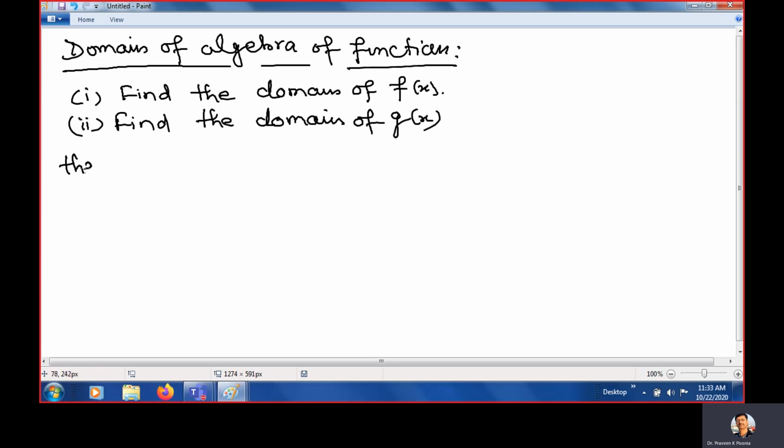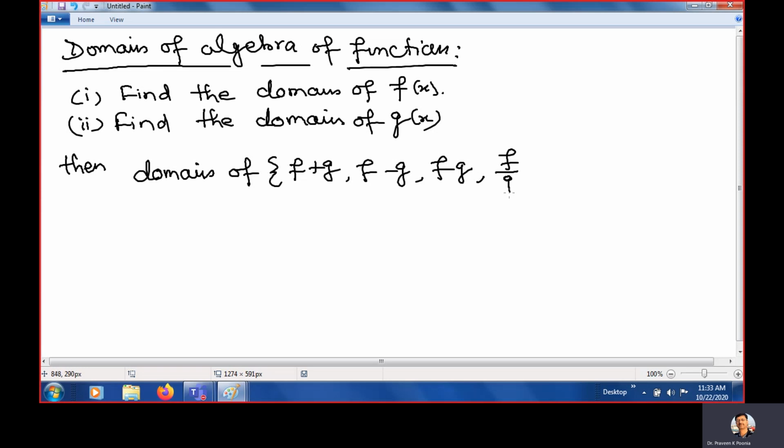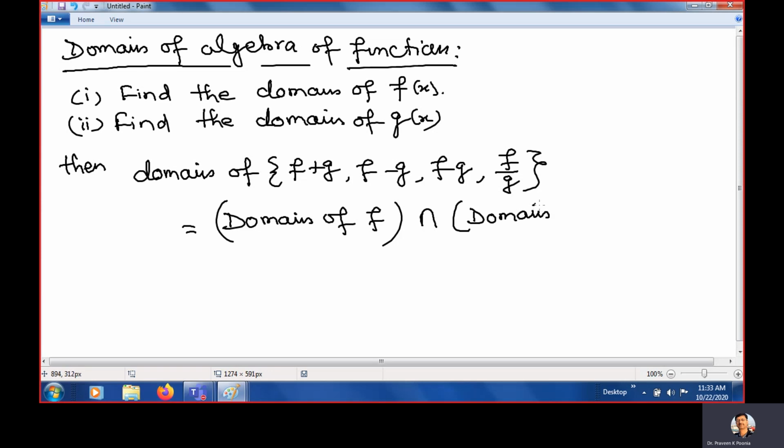Then the domain of f plus g, f minus g, f into g and f upon g is equal to the domain of f intersection domain of g.